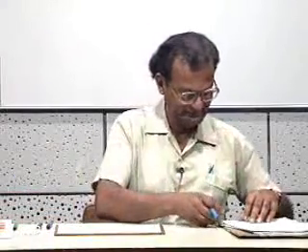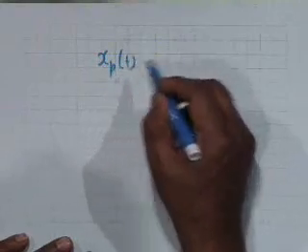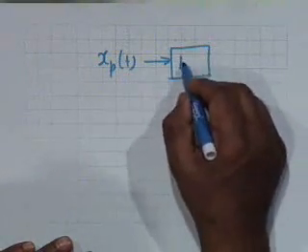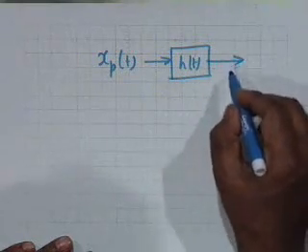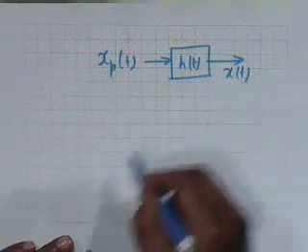Let's look at the exact interpolator. That is, x_p of t is given to an ideal low pass filter h of t, and we get x of t.